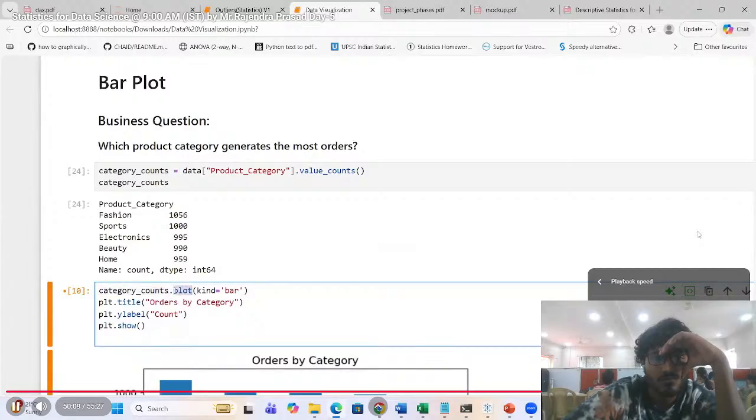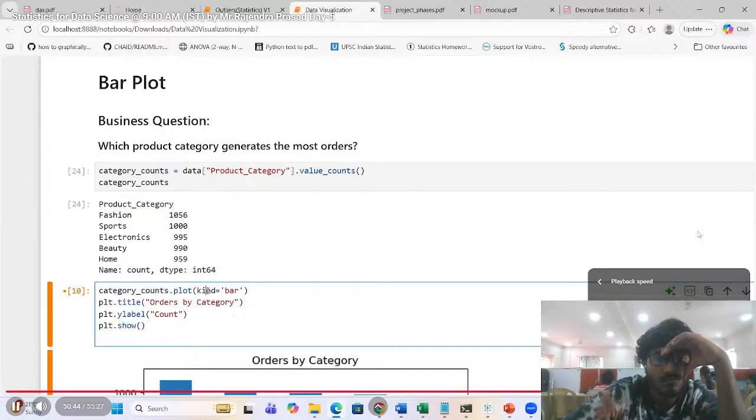You can do the same thing using matplotlib or Seaborn. Anyway, you are going to learn the same things in your regular sessions. I'll give you one more option. This is a series, right? Category count series or not? In the series, there is a function called plot. By using that also you can do the visualizations, which means by using pandas also you can do the visualization. But we regularly prefer matplotlib or Seaborn.